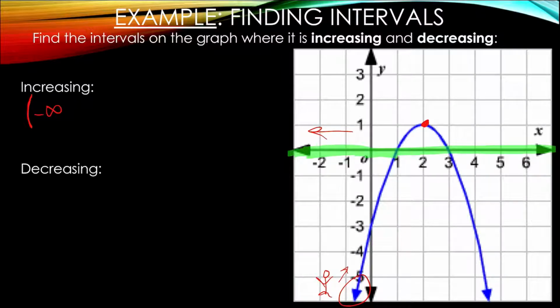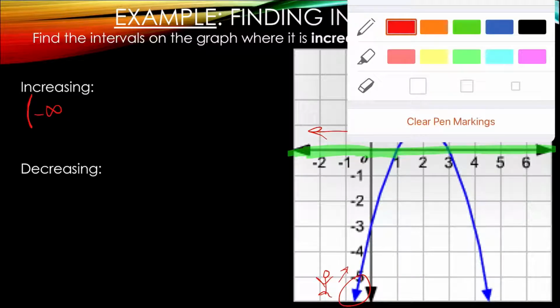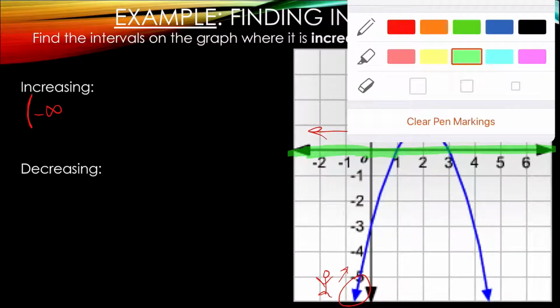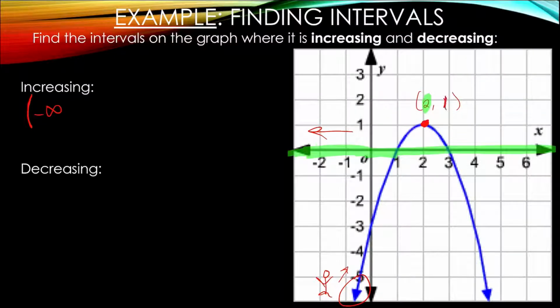It's going to stop increasing when I get to my vertex, and my vertex is at (2, 1). Remember, when we're talking about intervals, we're talking about the x values. So from negative infinity to 2, and we use a parenthesis because at 2 it's neither increasing nor decreasing.